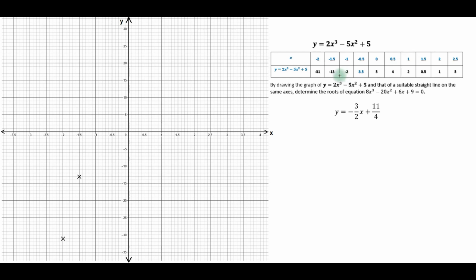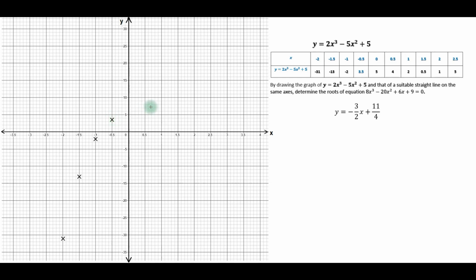So minus 1, minus 2. So that's the point. When x is minus 0.5, y is 3.5. So we have 1, 2, 3, so it's at that particular point, in between 3 and 4.